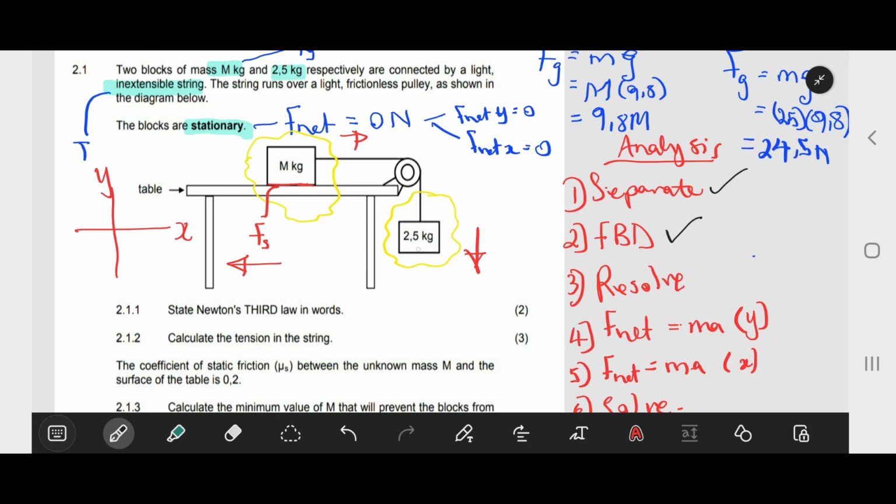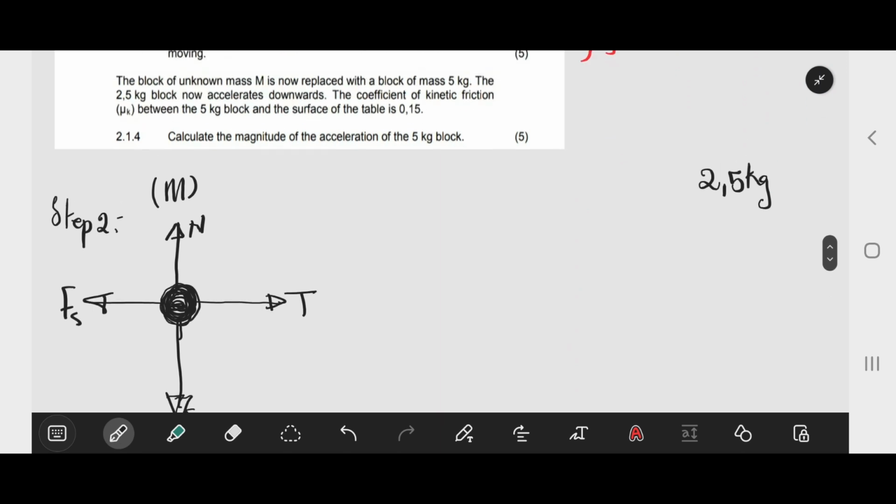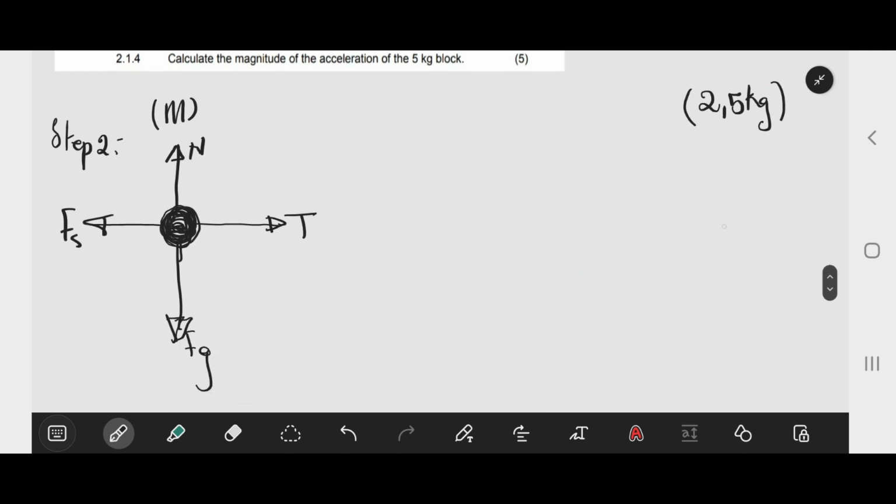There are only two forces: the gravitational force going downwards and the tension going upwards. So this is the free body diagram for the 2.5 kg, with the gravitational force and the tension acting on that block.